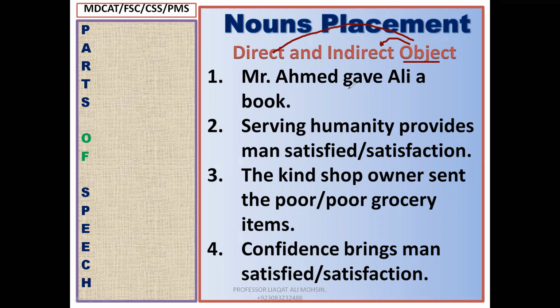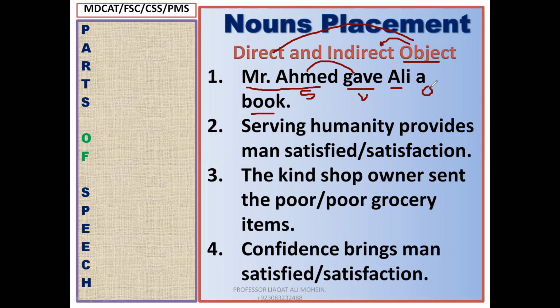First of all, we have to find out what the verb in a sentence is. See, this is a verb. Now raise a question, who does the action of give? Subject. And who is the receiver of this action? Ali and a book. Both are the objects.